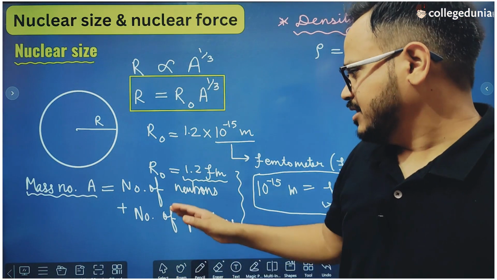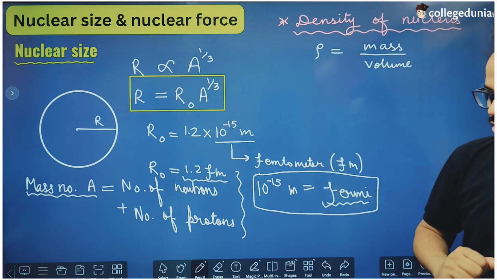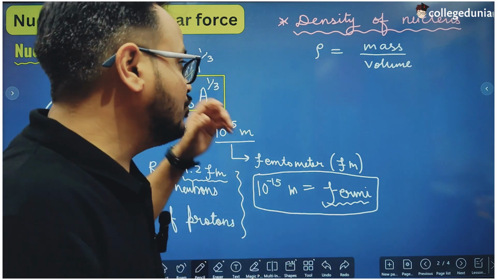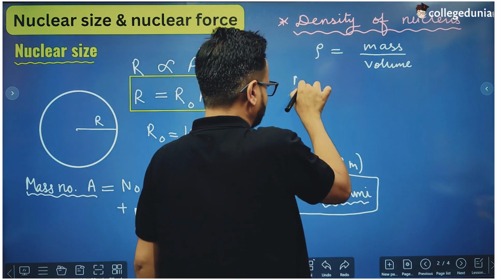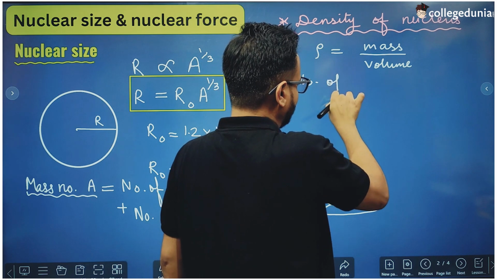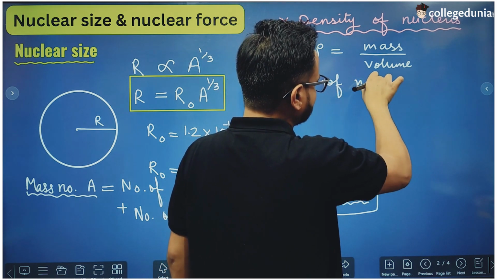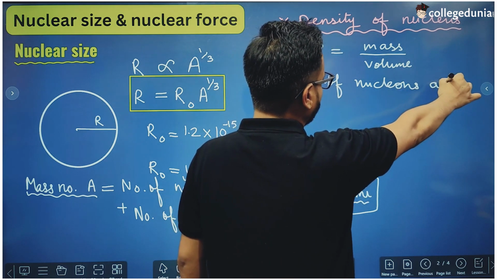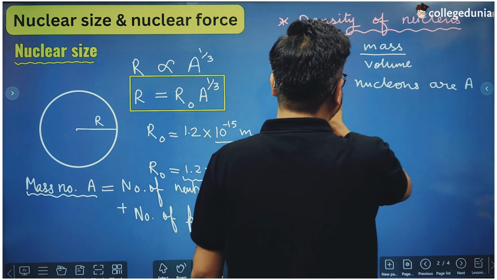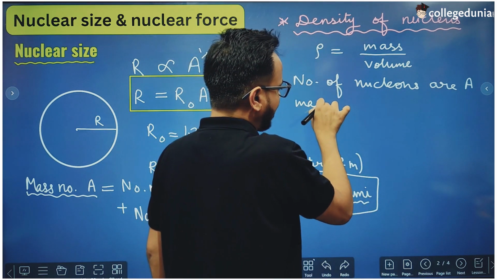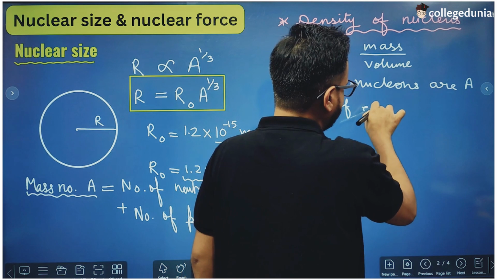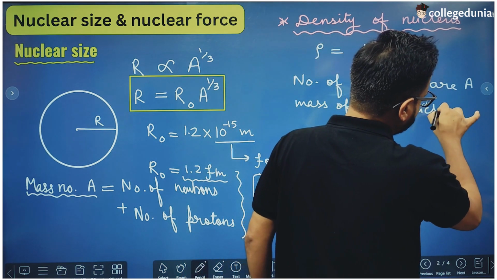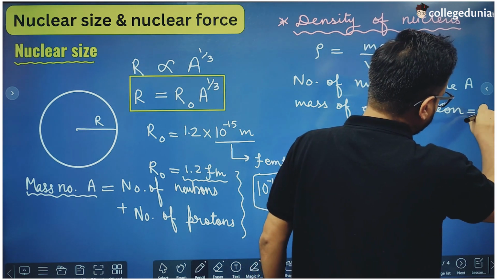Since A is the number of neutrons plus the number of protons, we can say that the number of nucleons is A. Now let us say the mass of each nucleon is m.